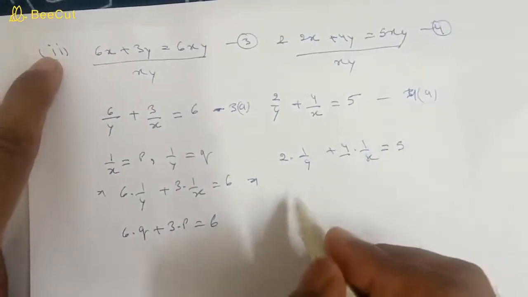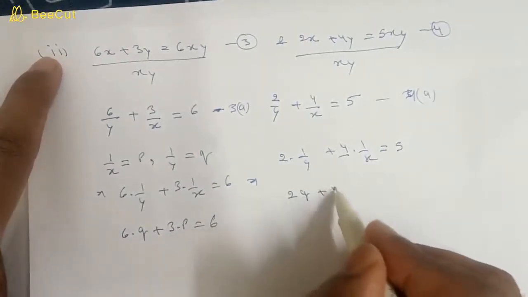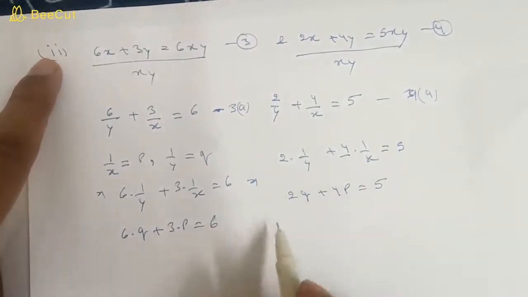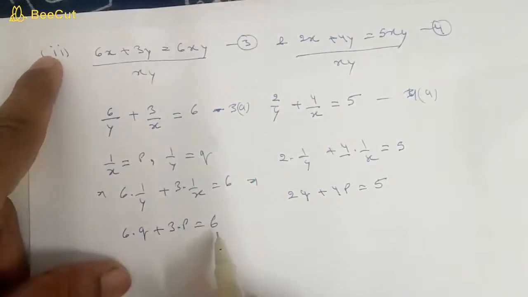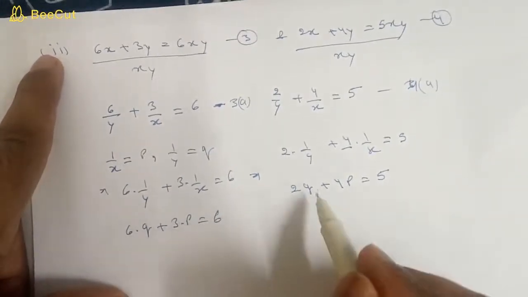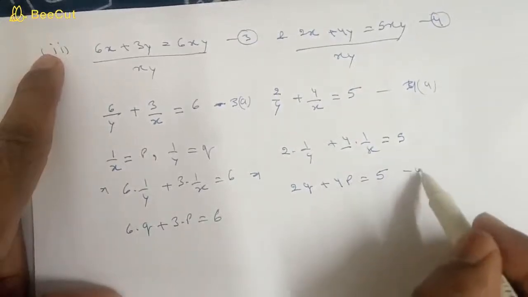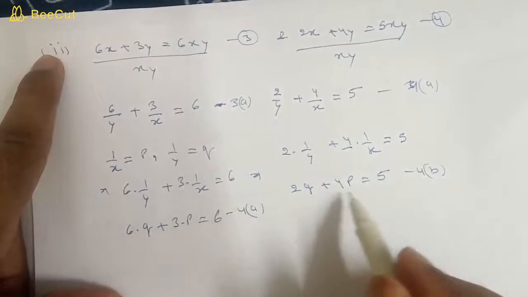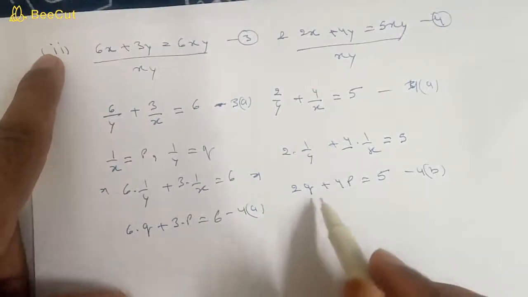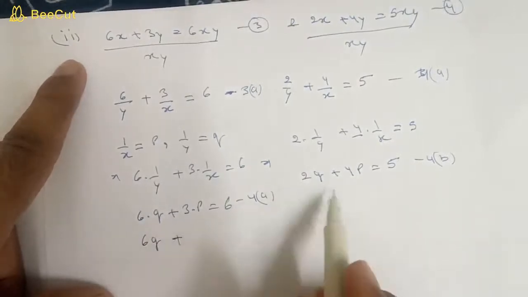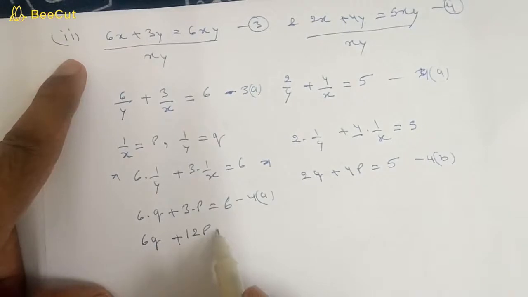So we can write it as 2 into q plus 4 into p is equal to 5. Now suppose this is 4b and this is 3b. We will multiply 4b by 3 and subtract it from 4a. So we will get 2 into 3 is equal to 6q plus 4 into 3 is equal to 12p is equal to 15.